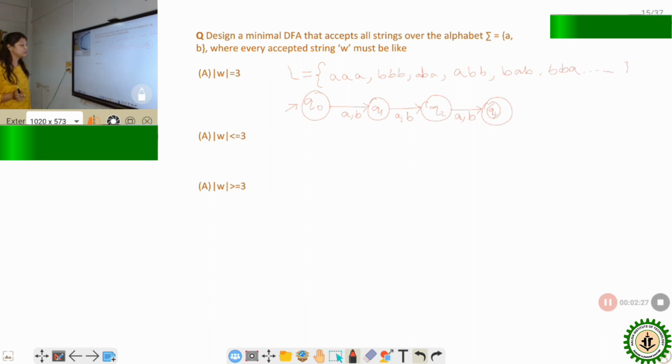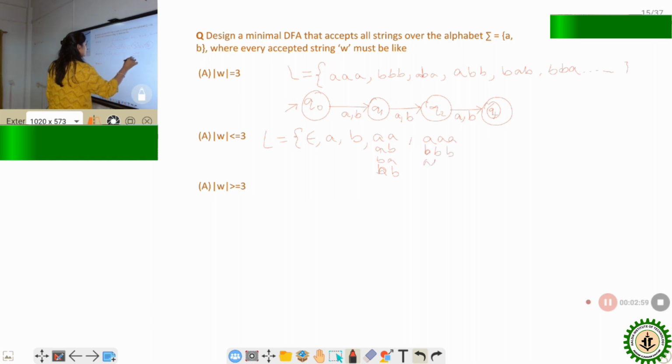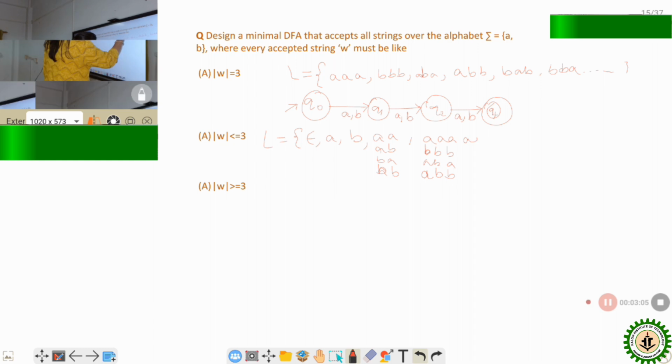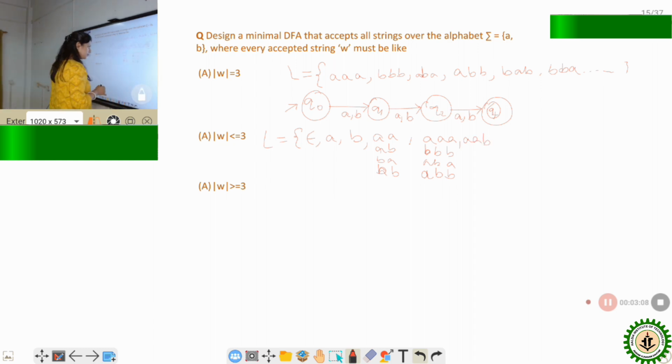That means epsilon is accepted, A is accepted, B is accepted, AA, AB, BA, BB will be accepted, and AAA, BBB, ABA, ABB, AAB will be accepted.